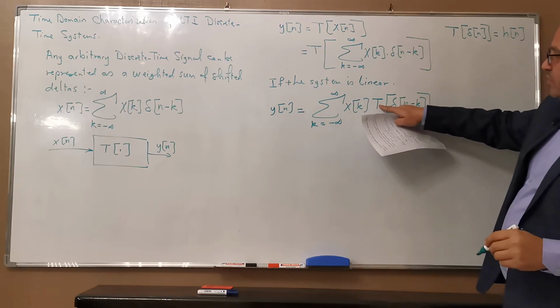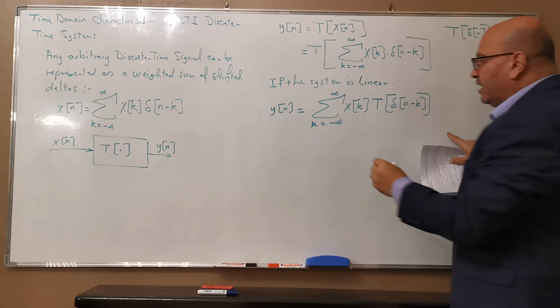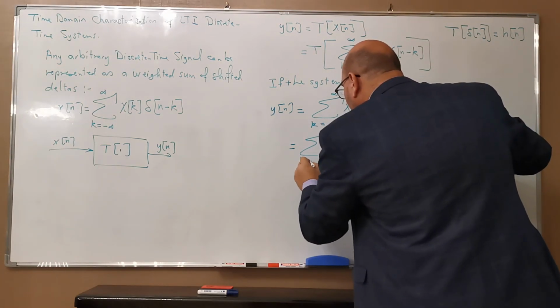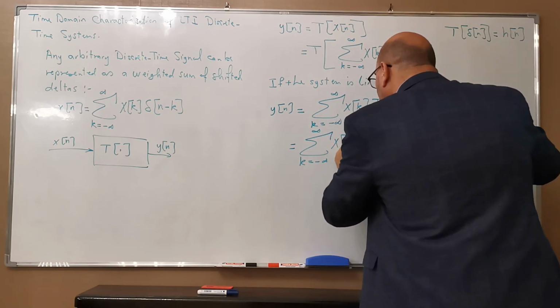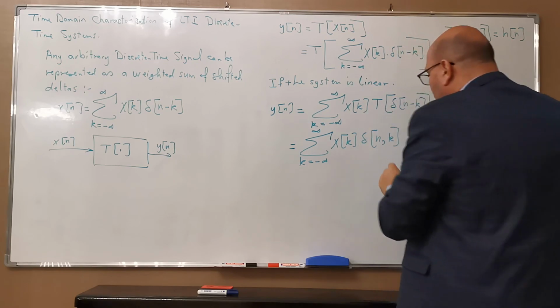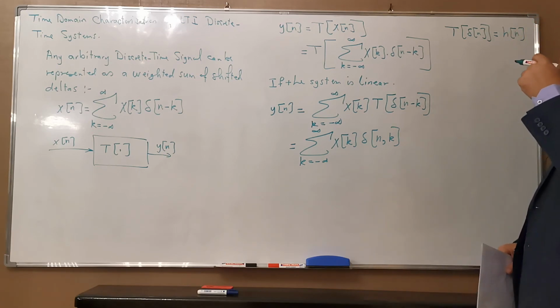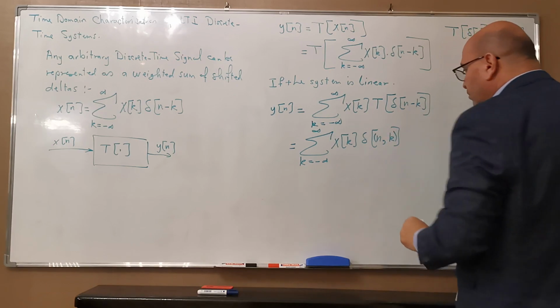Now, for the transformation of a delta of n minus k, we don't know what the relation between n and k is at the time being. It's a function of both.